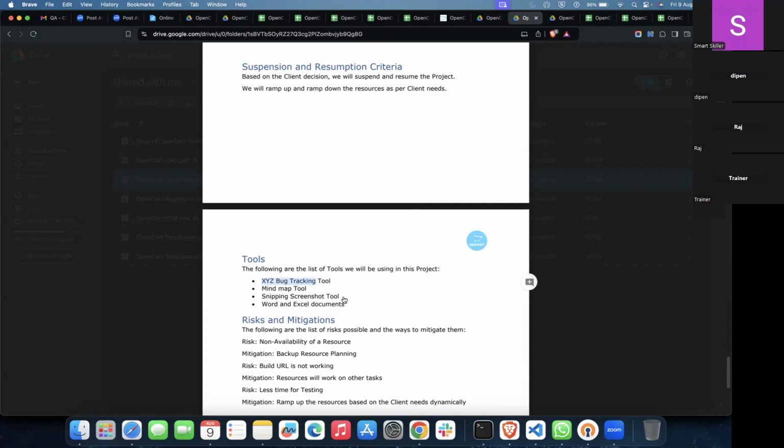So what exactly is this snipping screenshot tool? It's the tool that helps you capture screenshots. Whenever you raise an issue, you need to have some proof to attach with the issue, to make sure that when the developers try to fix it, they can't just deny that this issue never existed.